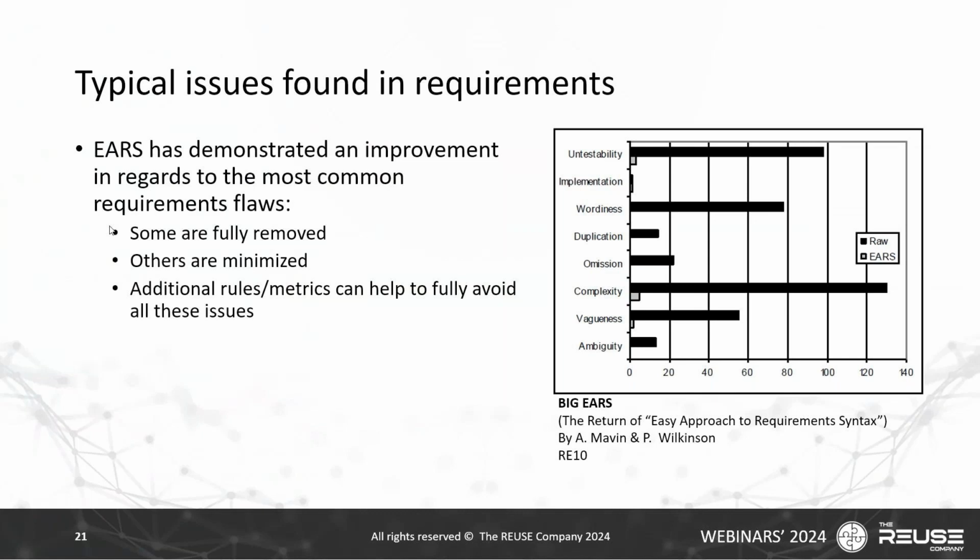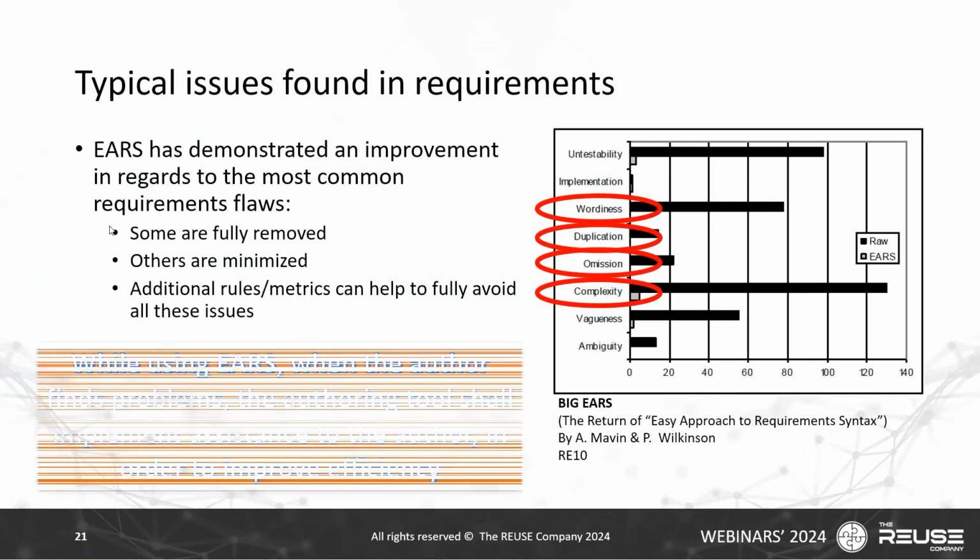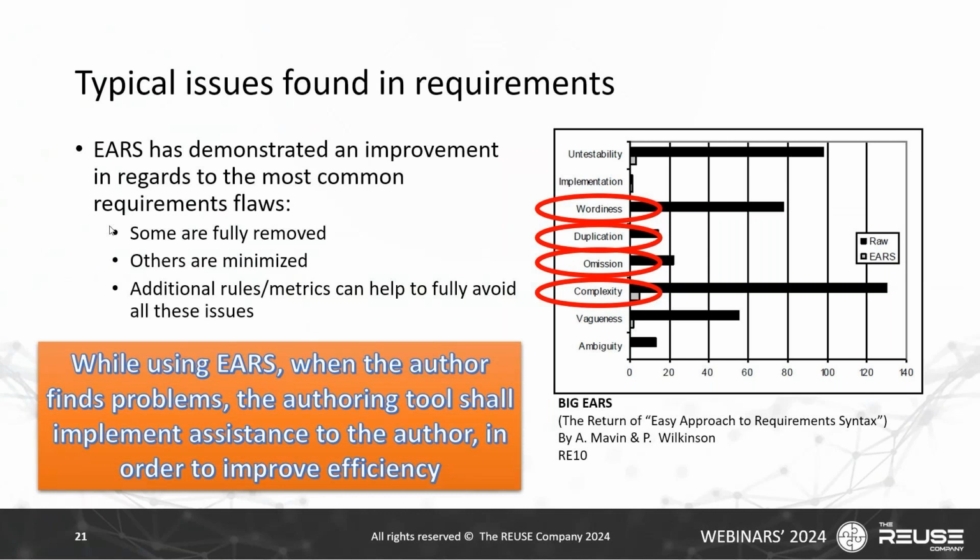However, I don't fully agree with the approach of having EARS fully remove ambiguity. However, as I said, most of the main aspects are fully removed, and all others still remain, as you can see here. And of course, with the help of a tool, we can remove all these aspects.